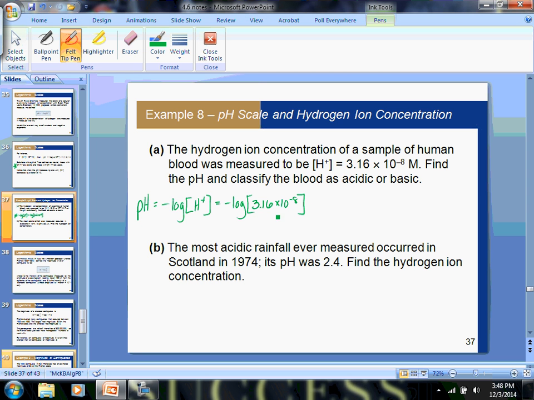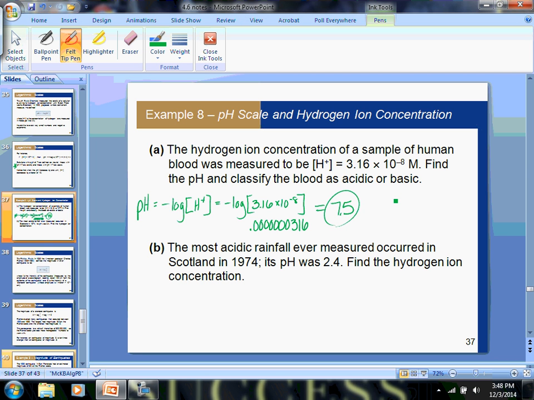Now, if you want to write this out as a decimal, that's probably going to be a little bit more convenient to put in your calculator. I know you can put the scientific notation in your calculator like that, but it would be 1, 2, 3, 4, 5, 6, 7 zeros, and then a 3, 1, 6 if you wanted to write it out as a decimal. Then it's just a calculator problem. You have to do negative log of that decimal. And you should get 7.5.